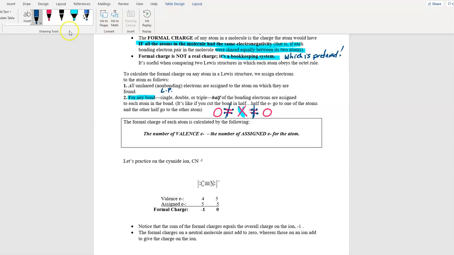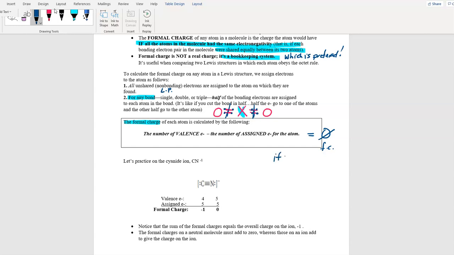So here's the calculation. You take the number of valence electrons for that atom and you subtract what's called assigned. Okay? This is what we want. We want that number to equal 0 for the formal charge, because that means it's preferred. Every atom that has a 0 is a preferred structure.